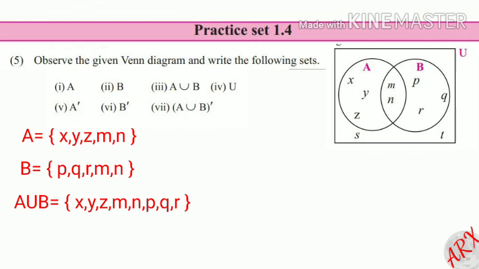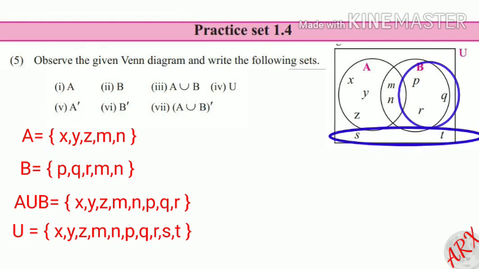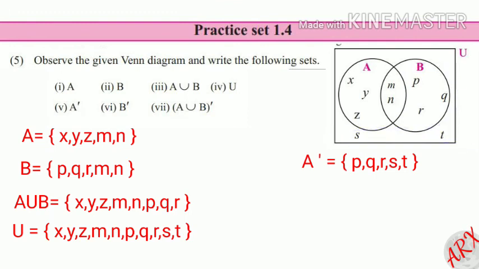Now fourth, universal set. In the universal set, we have to write all the elements, that is U = {X, Y, Z, M, N, P, Q, R, S, T}. Now fifth, complement of A. So we have to write the elements which are present in the universal set but not in set A. So A' will be {P, Q, R, S, T}.